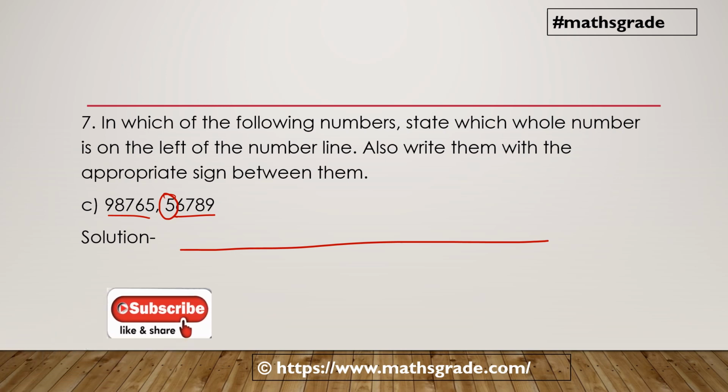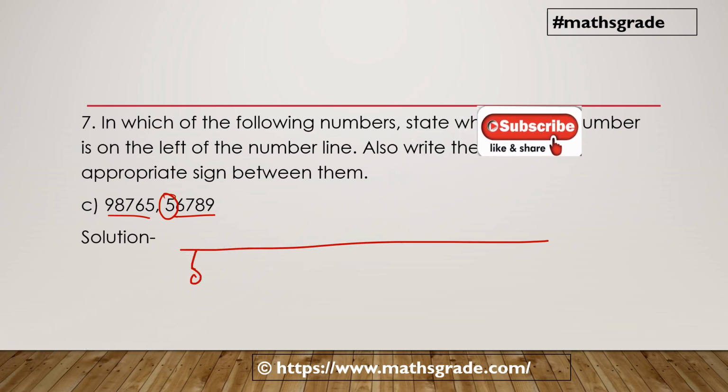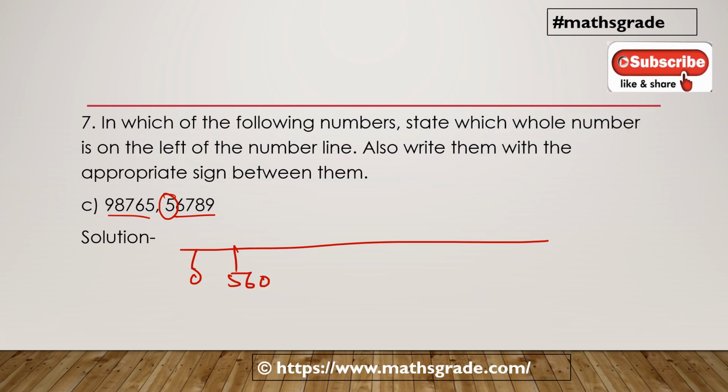So starting from 0, this is 56,789, because 5 is smaller than 9, so we have to first place 56,789 to the left hand side of the number line. Then 56,790 like this.